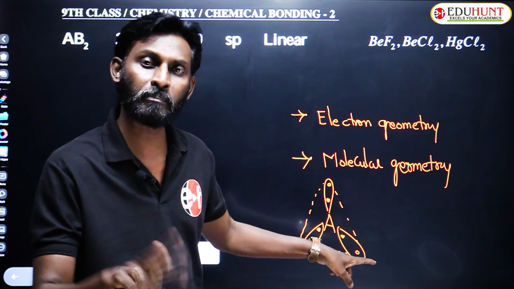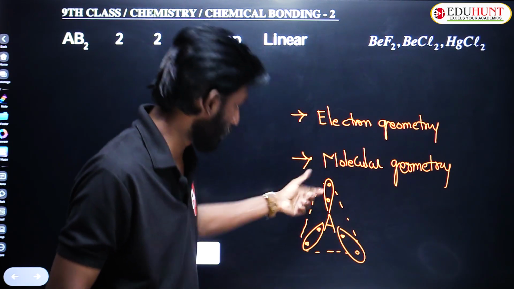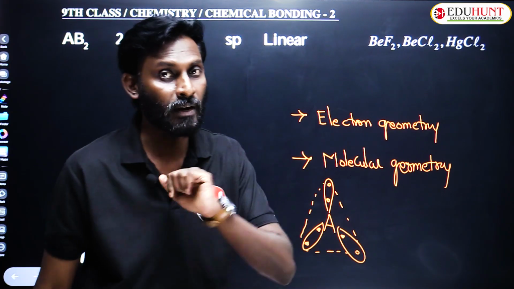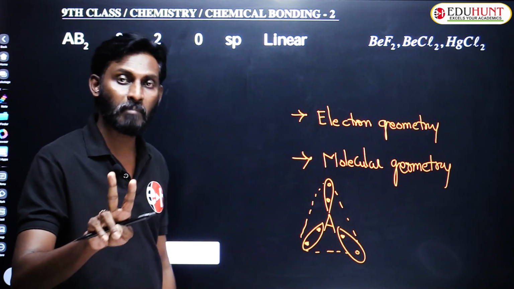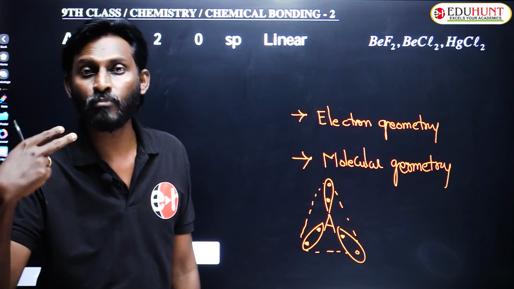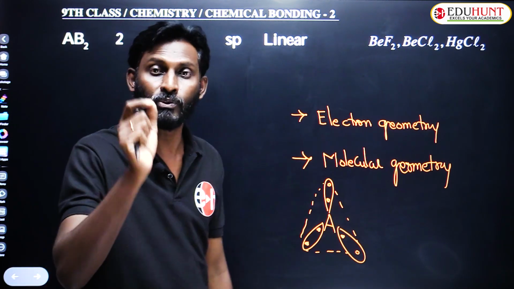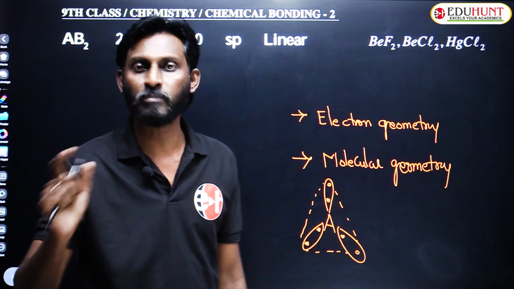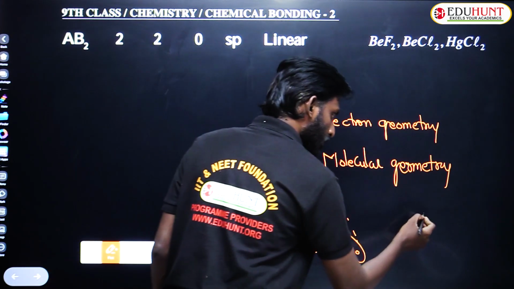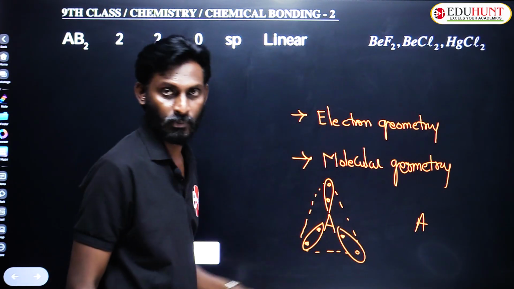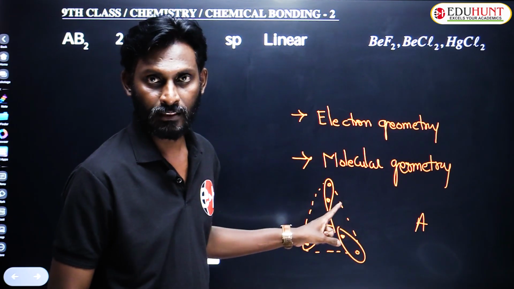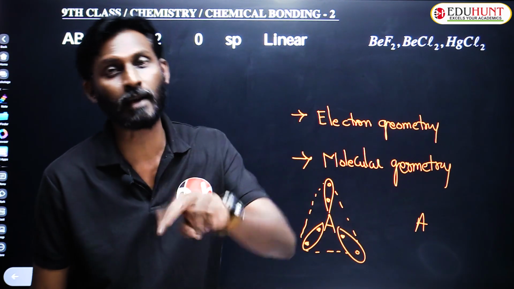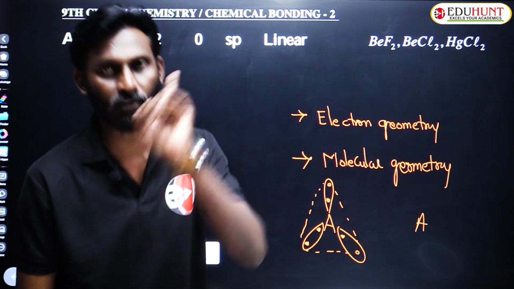We don't bother. We represent both lone pair electrons and bond pair electrons, all pairs the same, no differentiation. But when you have to determine the molecular geometry, you need to be particular about which pair is a lone pair and which pair is a bond pair. Let me tell you this. Suppose among these 3 pairs around the central atom, 2 pairs are bond pairs and only 1 is a lone pair.